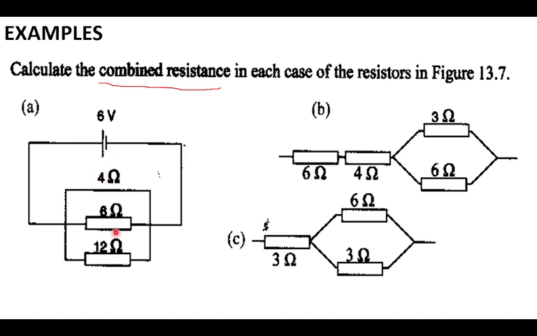All right, can you work out this one? Here we have two resistors that are in parallel, 3 ohms and 6 ohms. Only these two are in parallel, but the others are in a series arrangement. Only the 6 ohms and 3 ohms are in parallel, and only this one is separate.